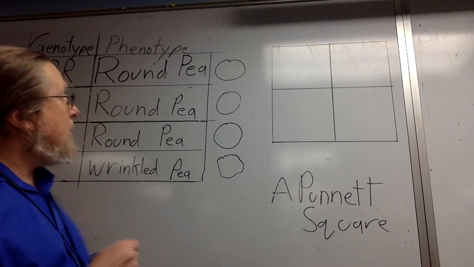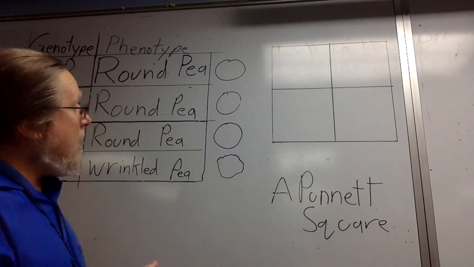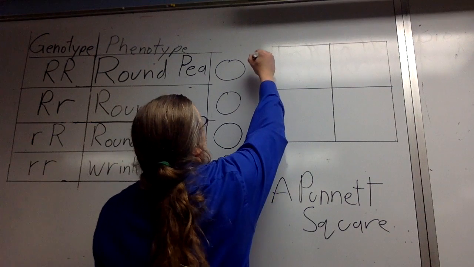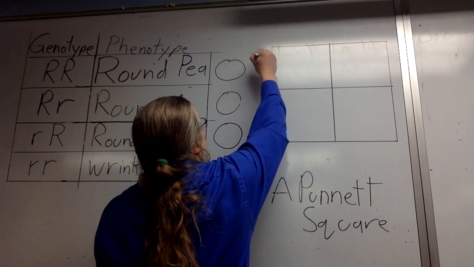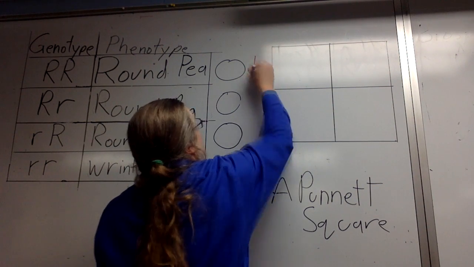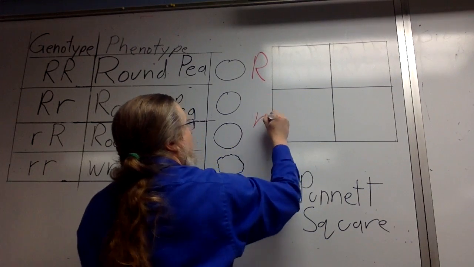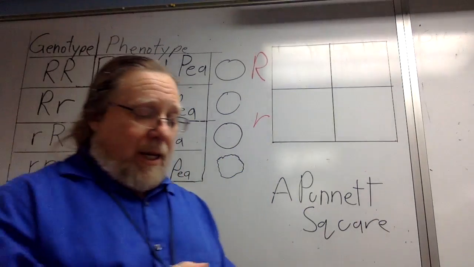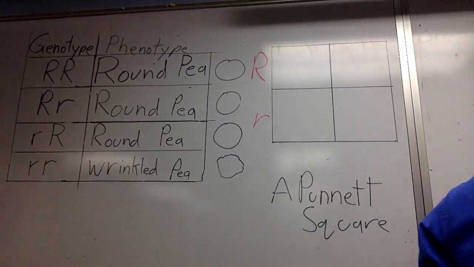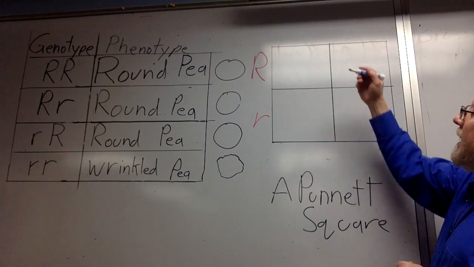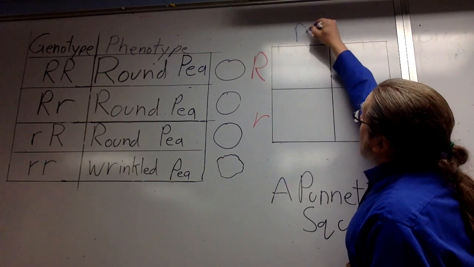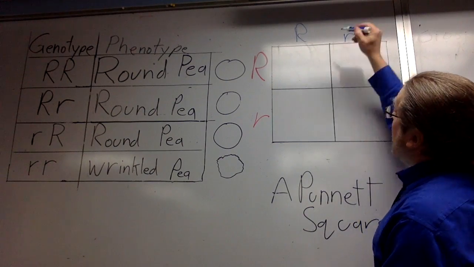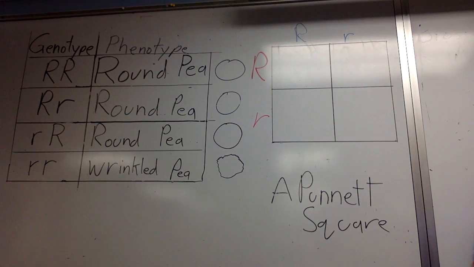But the genotypes that we know we have in this cross of the first generation are going to look like this. A dominant gene and a recessive gene coming, let's say, from the female egg, and one dominant and one recessive gene coming from the pollen.